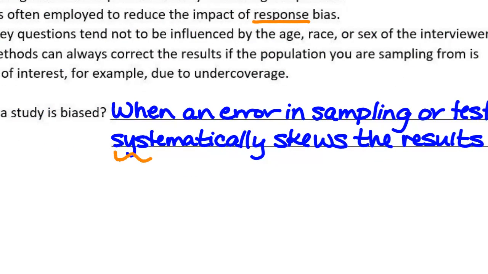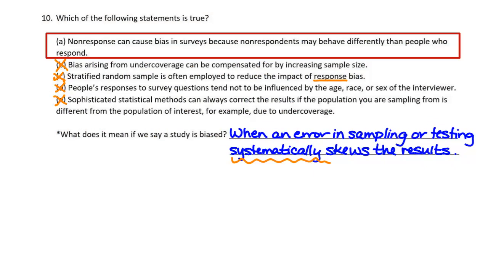It's this idea of systematically skewing, like it is either as a whole generally overestimating, so it skews it to the right, or as a whole generally underestimating, so it skews it to the left. But there is this systematic error happening so that almost all, not all, but the majority of my data points are not in line with the true parameter that we're measuring. What else would you guys like to go over?